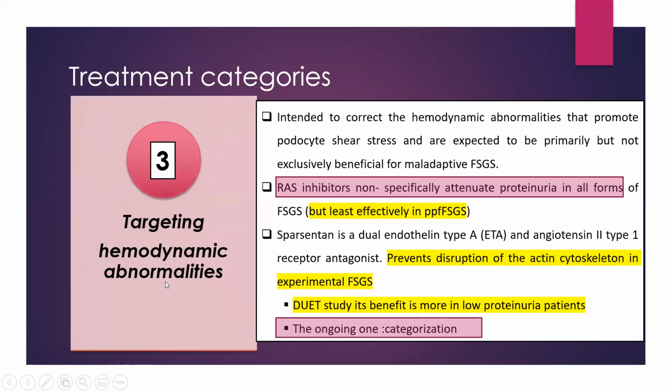If we revise the evidence, we'll find that RAS inhibition non-specifically attenuates proteinuria in all forms of FSGS, but least effectively in the permeability factor induced. Sparsentan prevents the disruption of the actin cytoskeleton, and we have a study which tells us that it's beneficial, but it is on low proteinuria patients.